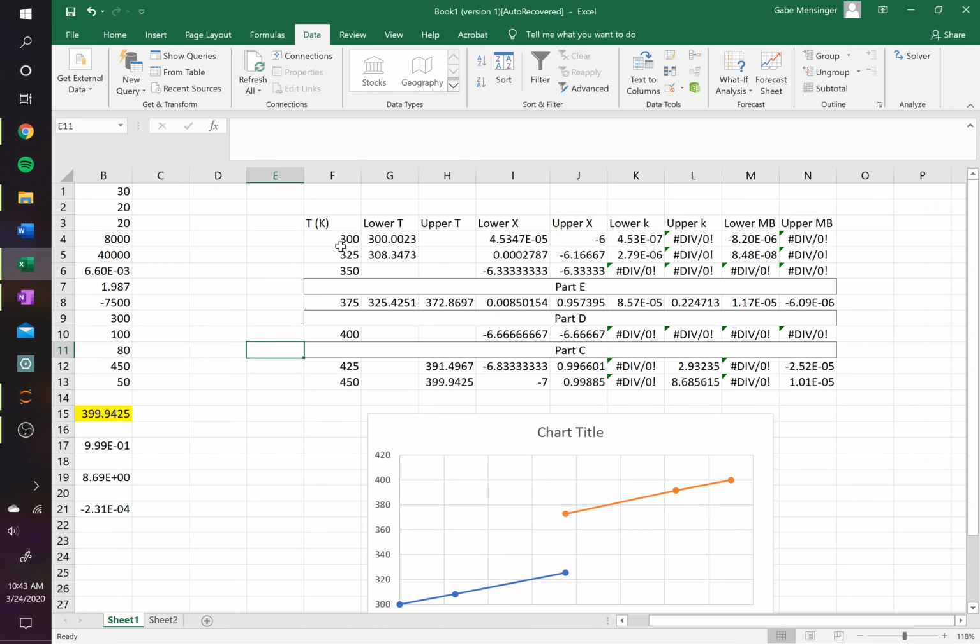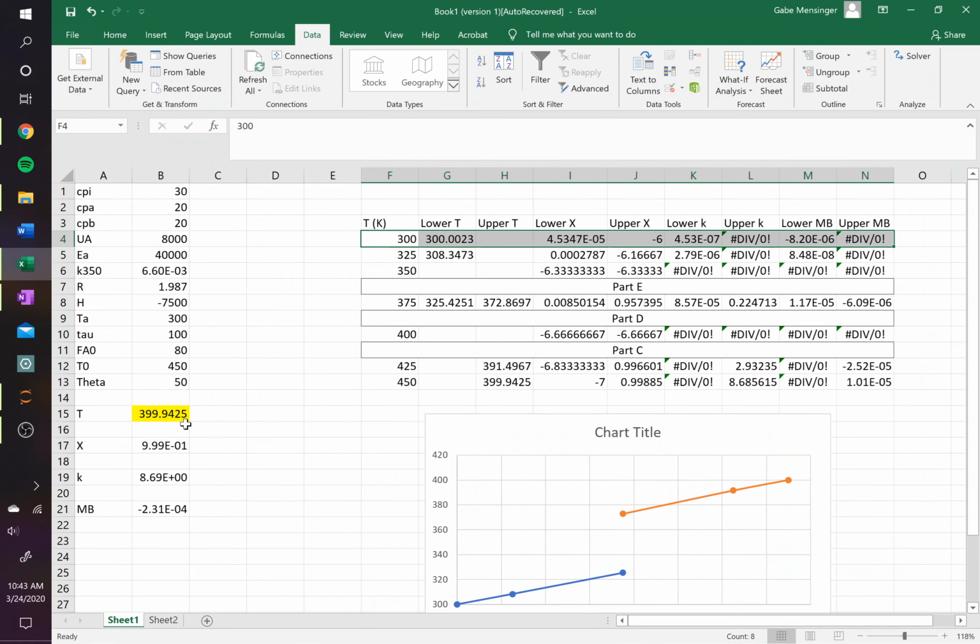So this line here is basically exactly what I had right over here on the left side. I am solving to make this mass balance equal to 0, and it's pretty close, by basically changing the temperature. And it's got the conversion and K, all as a function of T. And then I'll get rid of these just so it's a little less busy.